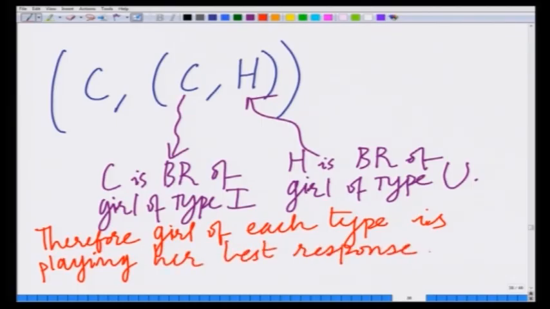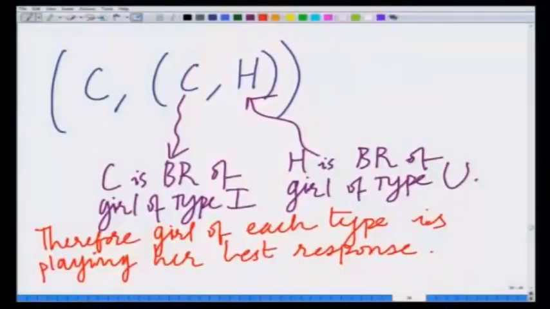Therefore, the girl of each type is playing her best response. Therefore, if we look at C comma H, C of the boy is the best response to C comma H of the girl, and C comma H of the girl is the best response of the girl of each type to C of the boy.